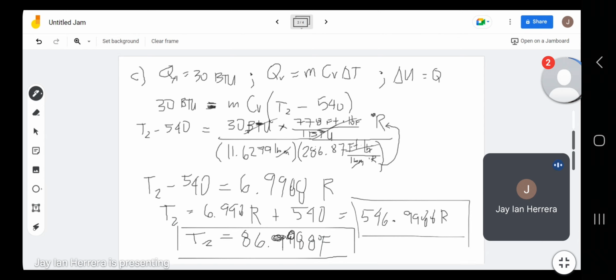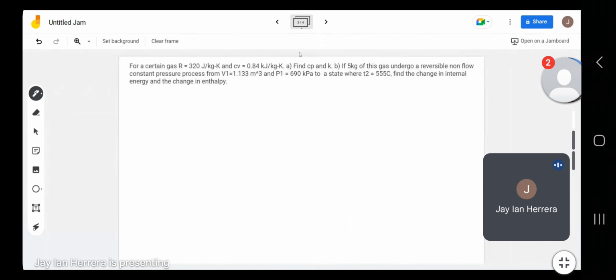So any questions? Screenshot nyo na lang muna. Kasi ito sa mga bilisan na lang natin. For certain gas, R is equivalent to 320 joule per kilogram Kelvin.